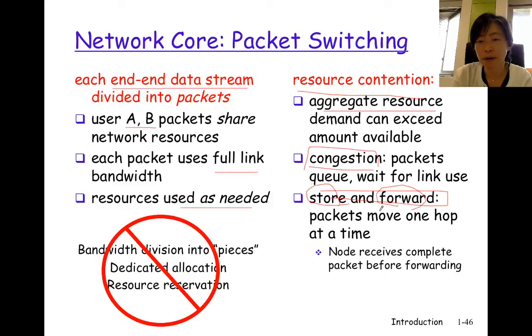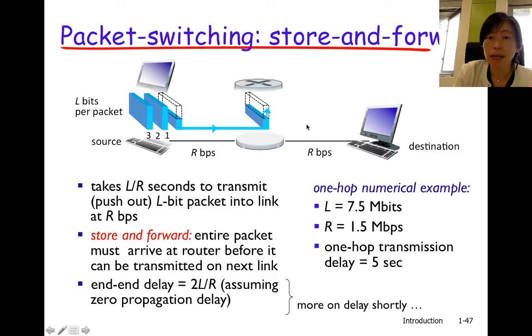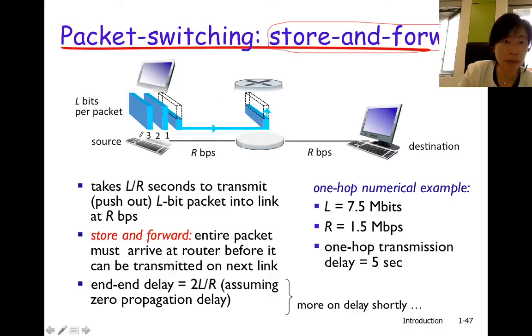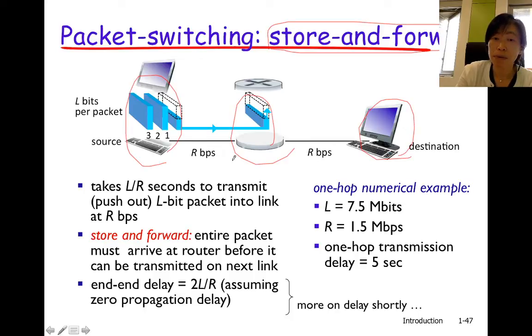All right. So let me use an example to explain a bit further what it means by store and forward. Now this is kind of important. Let's spend some time here. We do have a very simple network here: 1, 2, 3 computers. The first one here is the sender. The last one here is the receiver, source, destination.